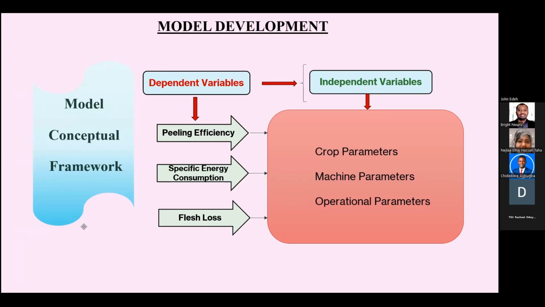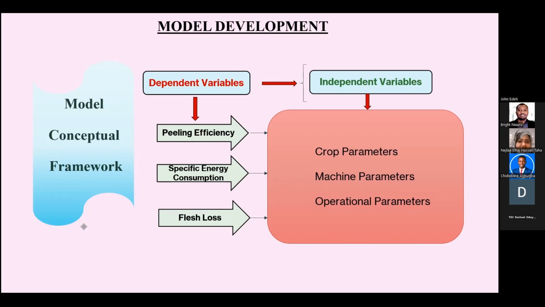So that was what led to the question: what model can we use to develop a concept such that whatever capacity of machine you need, it can always work? And that led us to mechanistic modeling. Mechanistic modeling has been adjudged to be one of the best mathematical modeling approaches, which uses the fundamentals, the basic laws, and the relationships to develop the model.